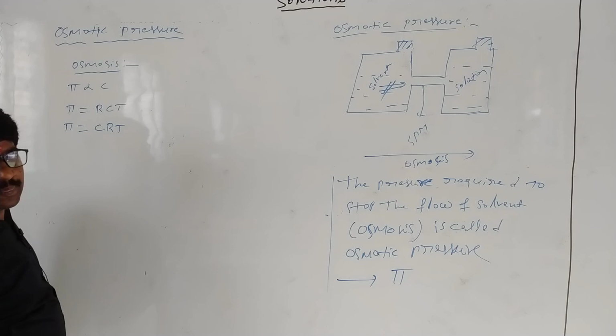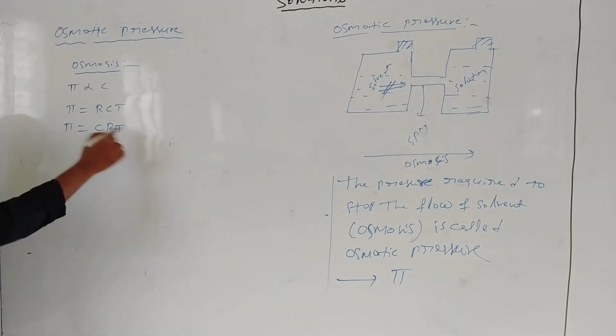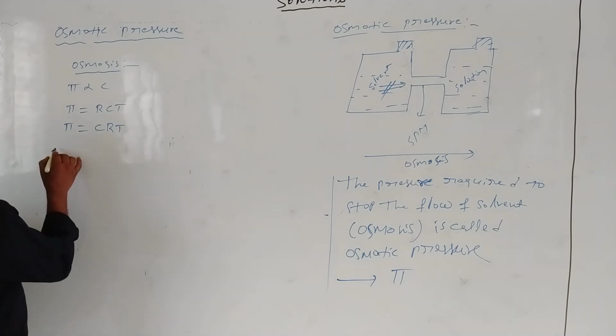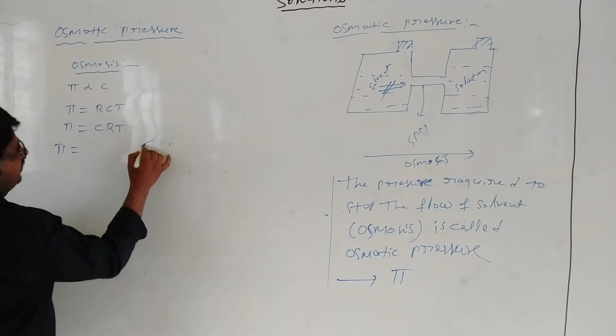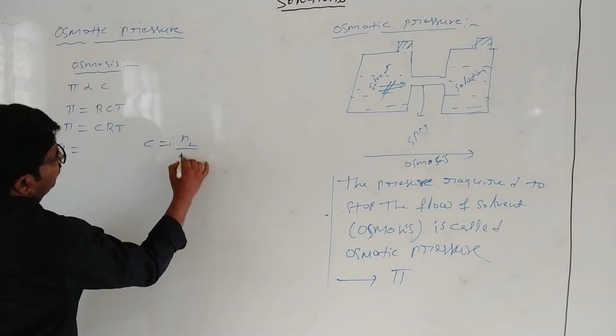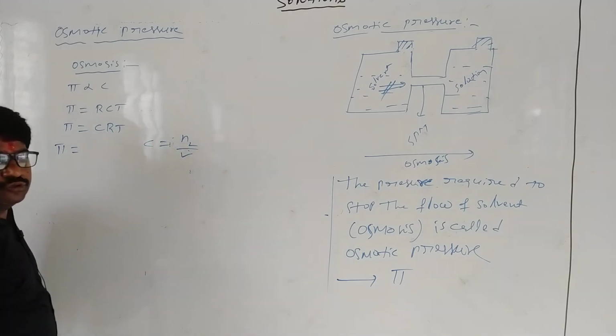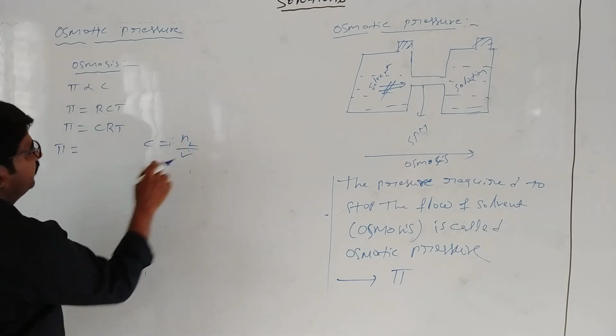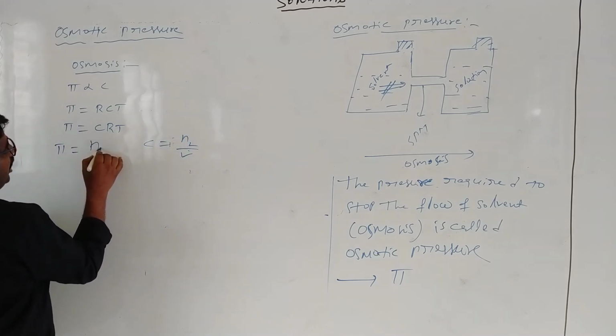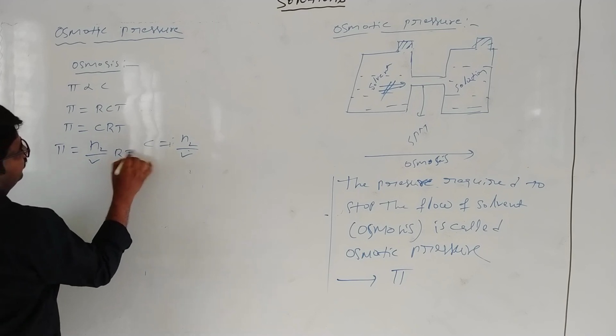Generally C is equal to n2 by V, since it is related to the solute. So n2 means the solute, by V. So that is pi equal to n2 by V times RT.